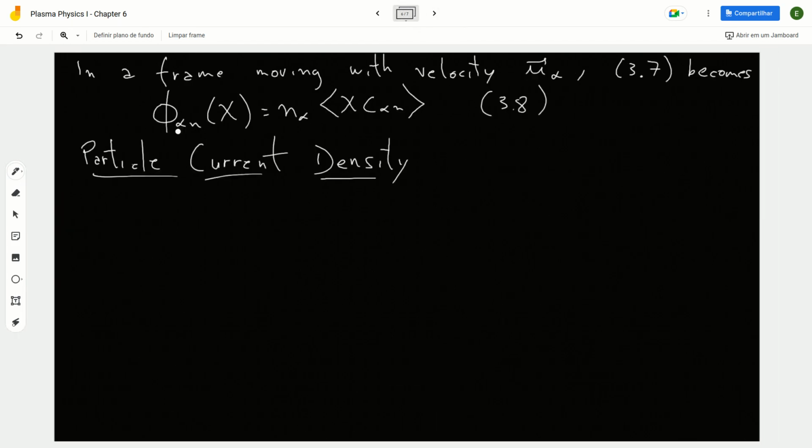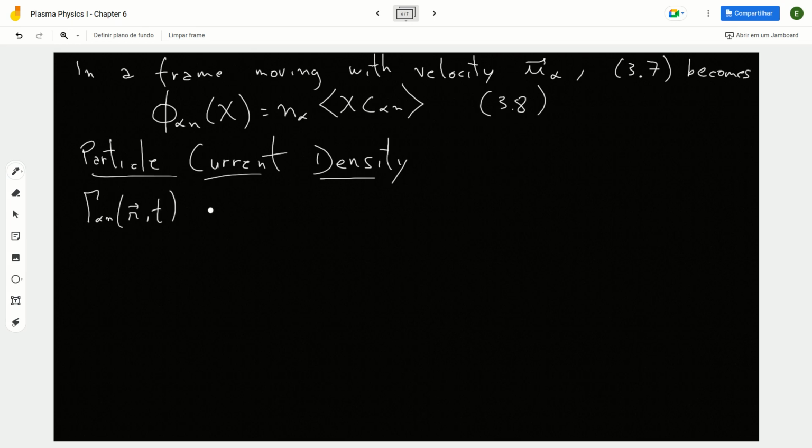Then we use this notation for it: gamma alpha n at position r, time t, not a function of velocity because we're integrating in the velocity field. So it's given by this.